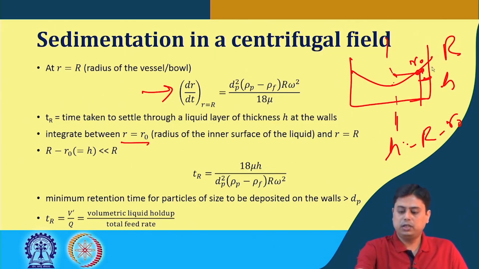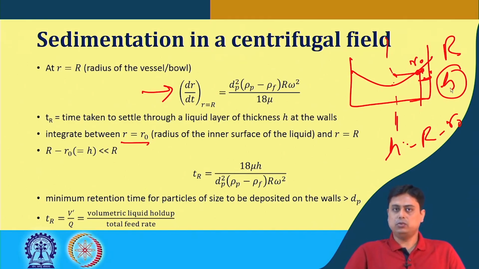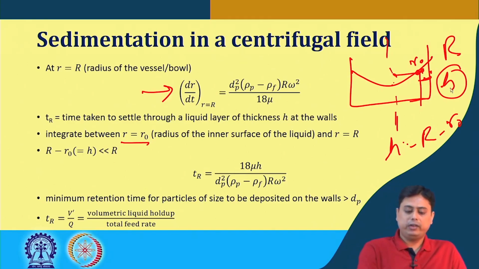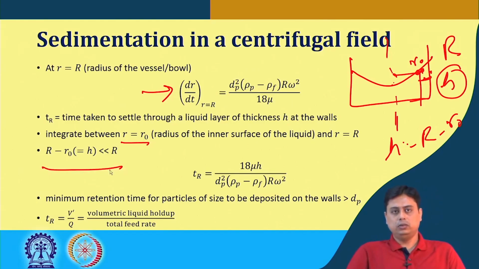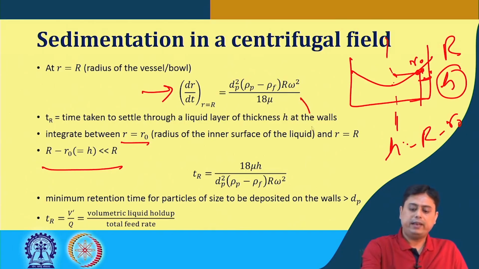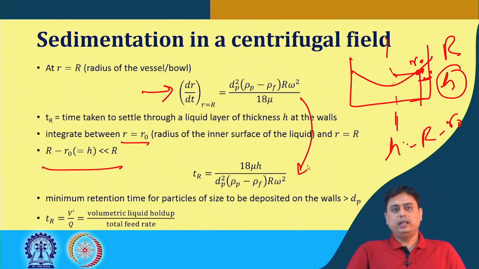So, from this position to this position, that is this thickness, it has to travel, at which time, or how much time it would take. If we integrate that and we consider this scenario that this thickness is very small compared to the radius of the bowl or the vessel or the centrifuge equipment, then we derive an expression, the retention time t_R, R stands for the retention, is this one.